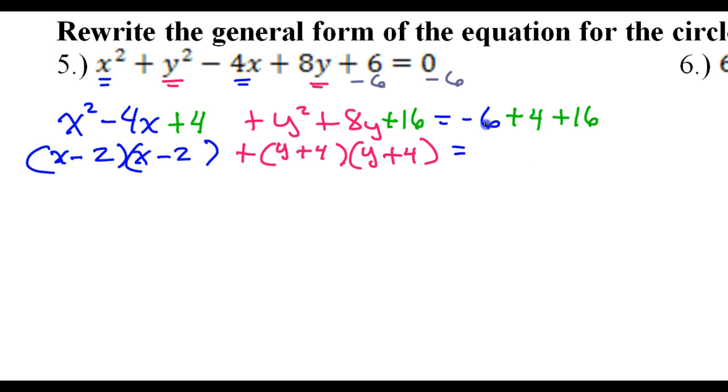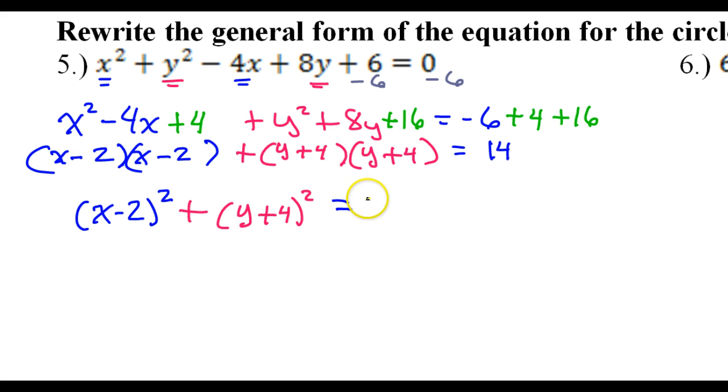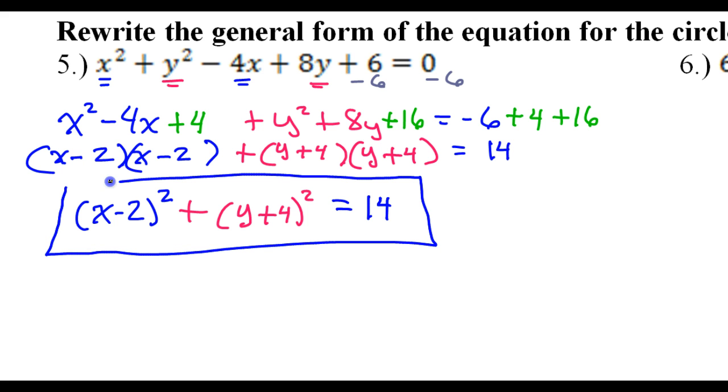Let's see, -6 and +16, that's 10, and then plus 4 is 14, so I'll have 14 right here. Alright, so now it's time for the end. So this will be x minus 2 squared plus y plus 4 squared, and that's equal to 14. So this would be the equation of the circle in standard form.